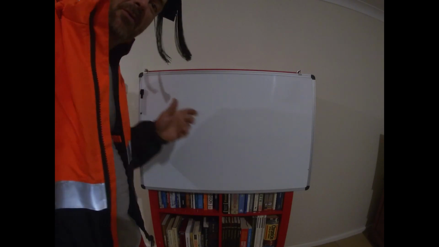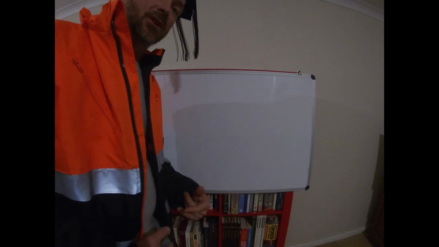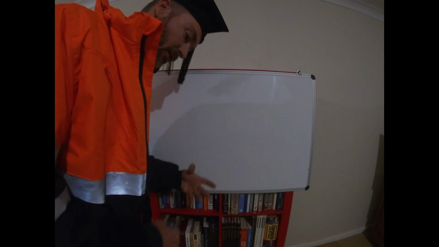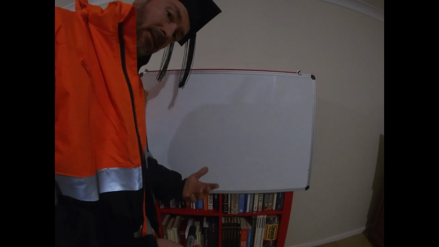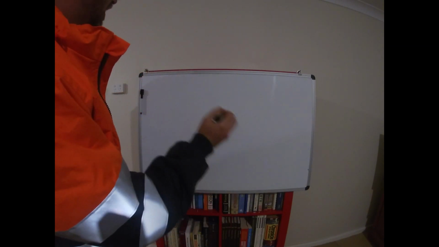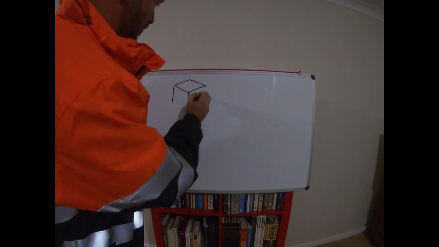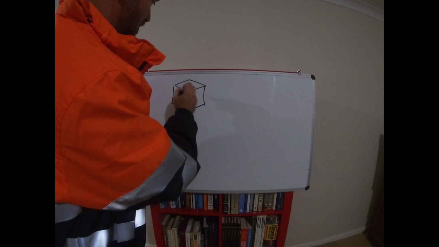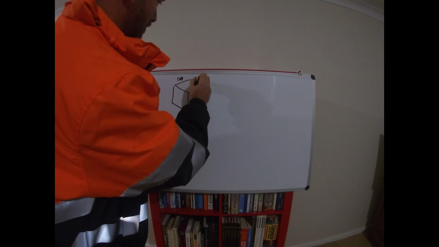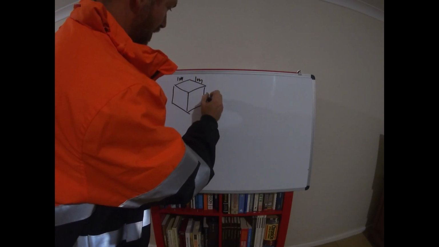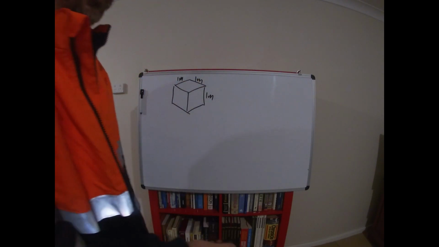Alright, so when we've got our metre, we can also then go and work out volumes and weights. So let's start with a metre that's in the formation of a cube. So we've got 1 metre, 1 metre, and 1 metre. Every direction a metre, it's a cube.